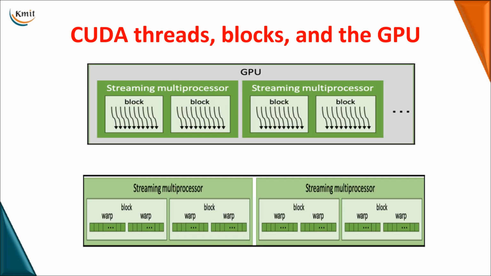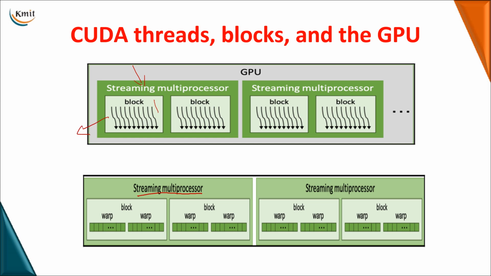Having seen the previous one, now we will be seeing the same thing. When you go for your streaming multiprocessor, we have multiple blocks present in it, and each block has multiple threads. A block, as I told you, is a collection of threads.